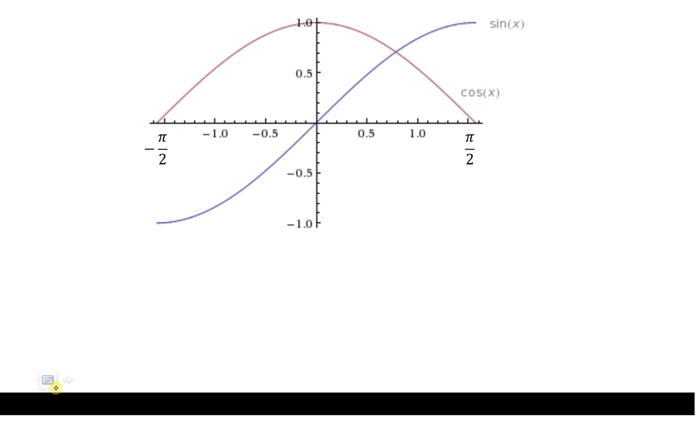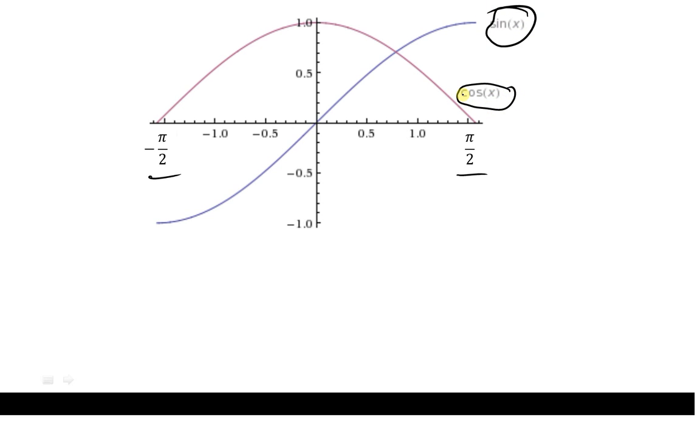Just to show you an example, here are two functions that we're very familiar with. We are looking over a closed interval from minus pi over 2 to plus pi over 2, and we're looking at two functions. The first is sine of x, and the second one is cosine of x.